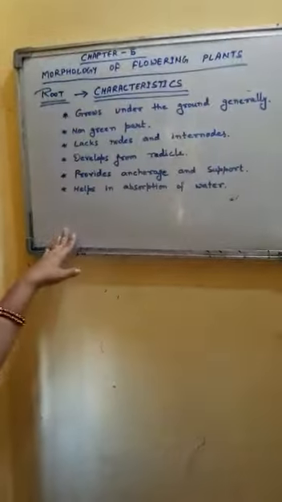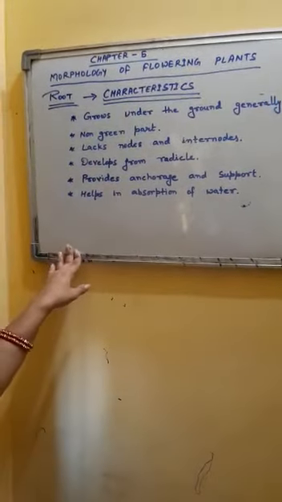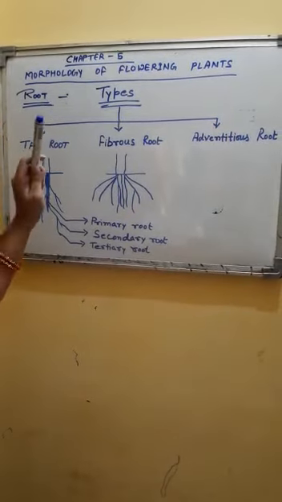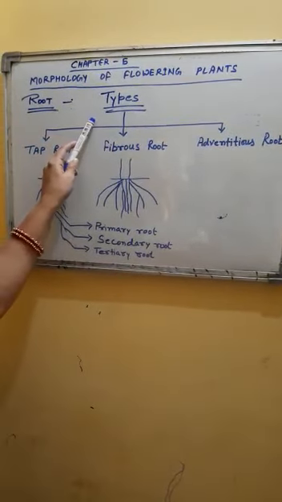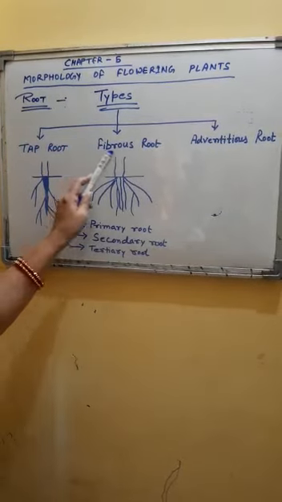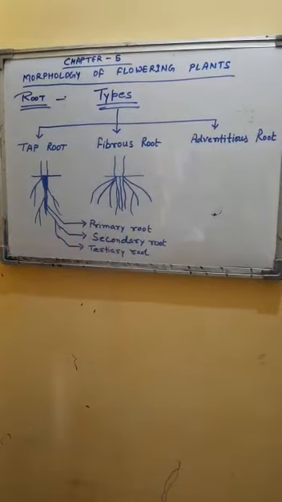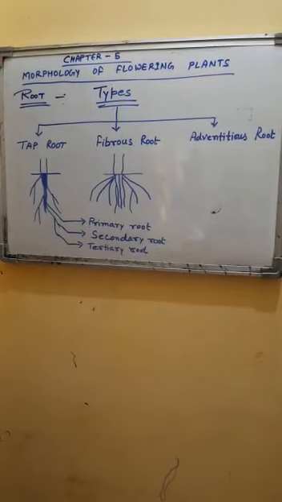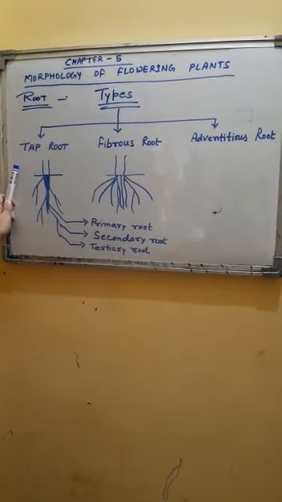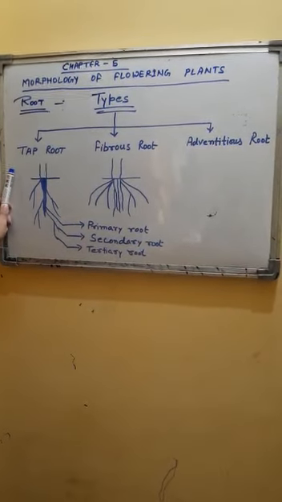Now we will study about the types of root. Roots are basically of three types: taproot, fibrous root and adventitious root. Taproots are generally found in most of the dicot plants.